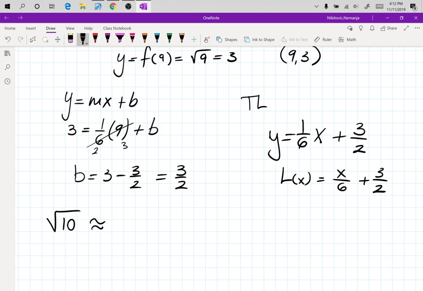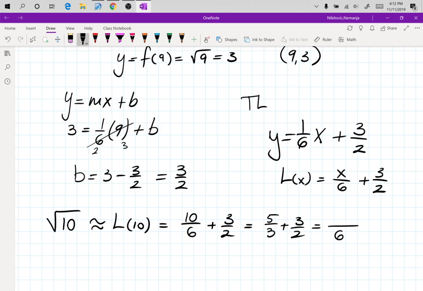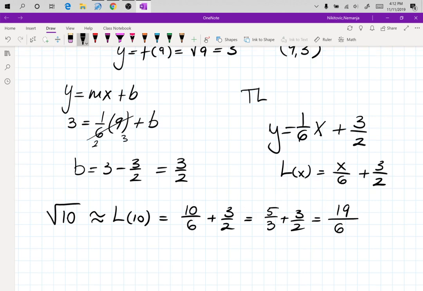So we linearized the problem, and now square root of 10 is approximately L of 10, which is 10 over 6 plus 3 halves. 10 over 6 reduces to 5 thirds plus 3 halves, and that's a 6, 10 plus 9, 19 over 6.